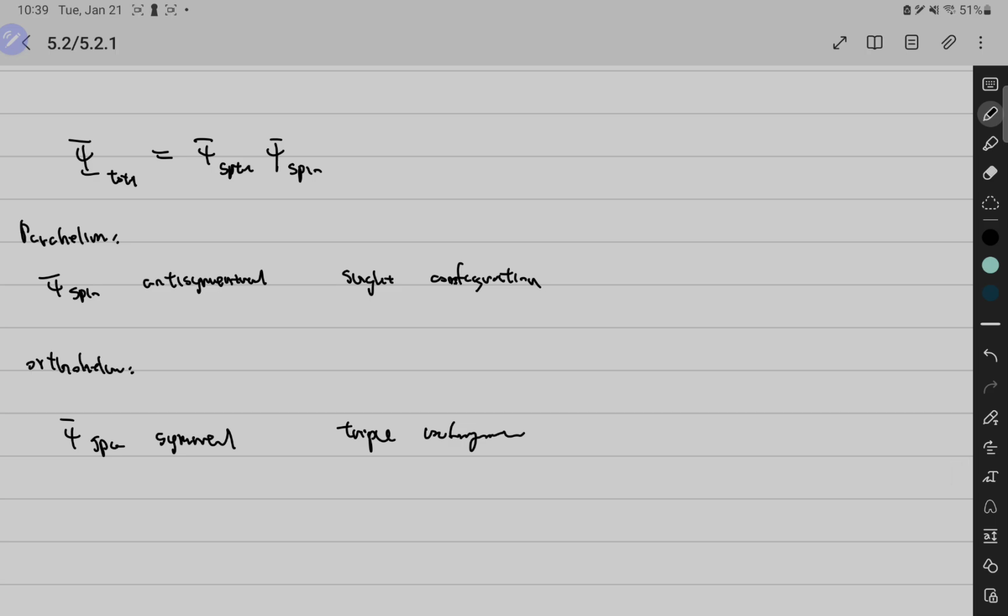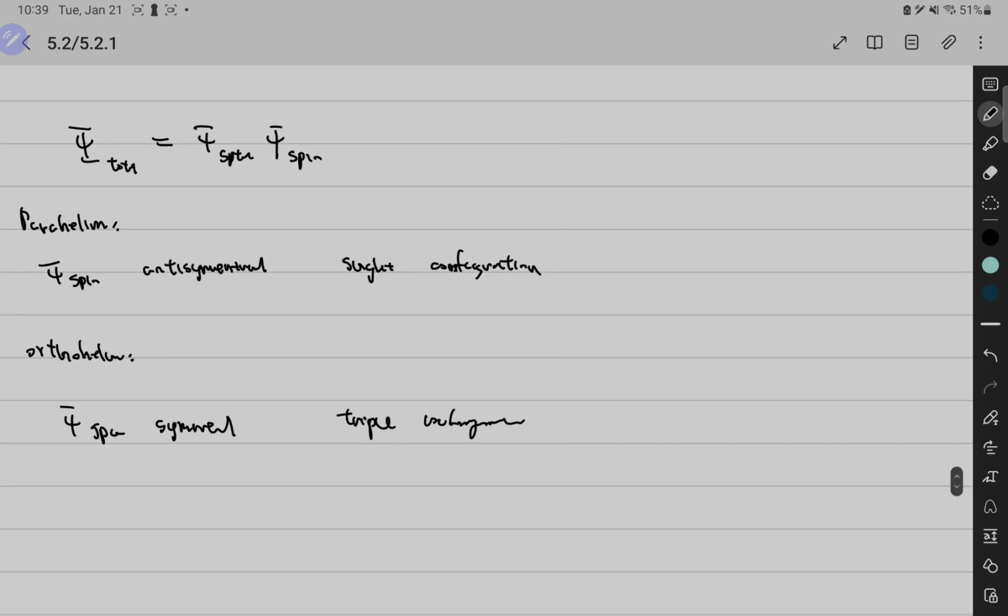It's going to be anti-symmetrical, because it has to be the opposite of whatever you're choosing. If our spatial part of the wave function is anti-symmetrical, the electrons are farther apart in space. That results in a lower repulsion, and thus a lower energy.